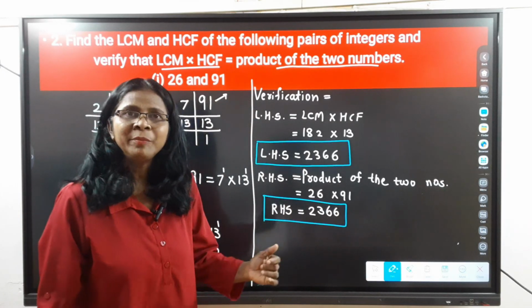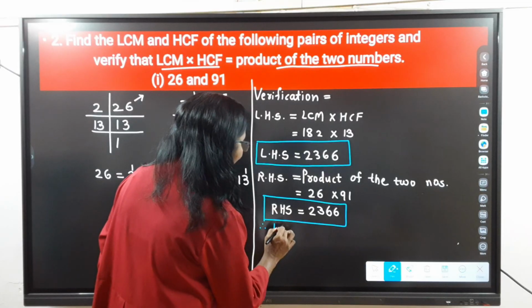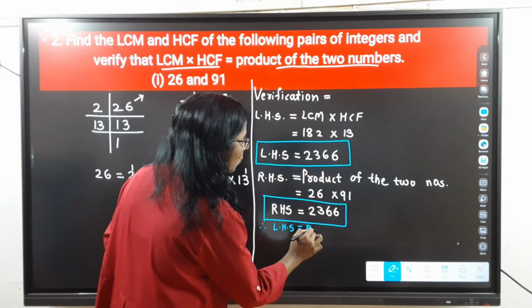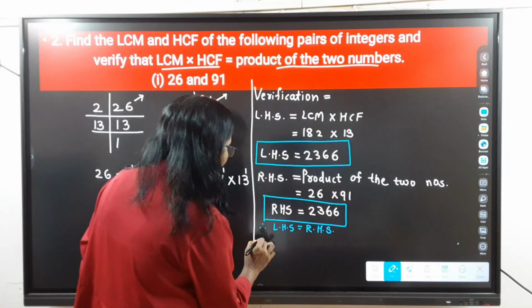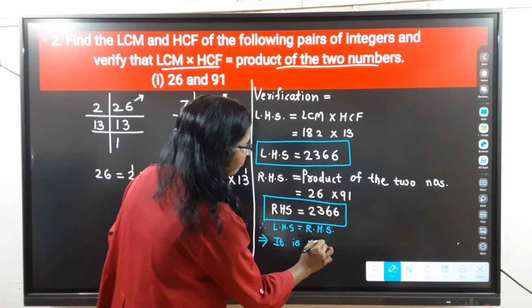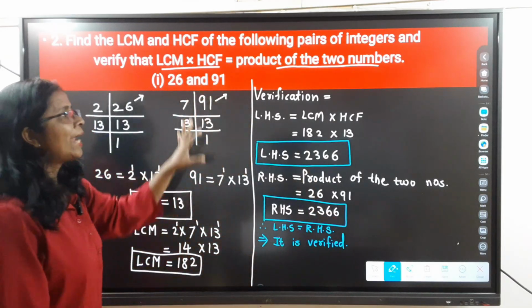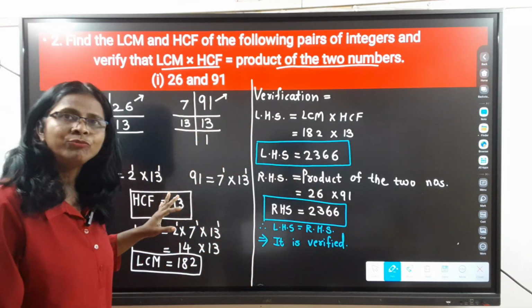That means it is verified. So we say that therefore LHS is equal to RHS, it is verified. Okay students, so this way we can solve such a type of example.